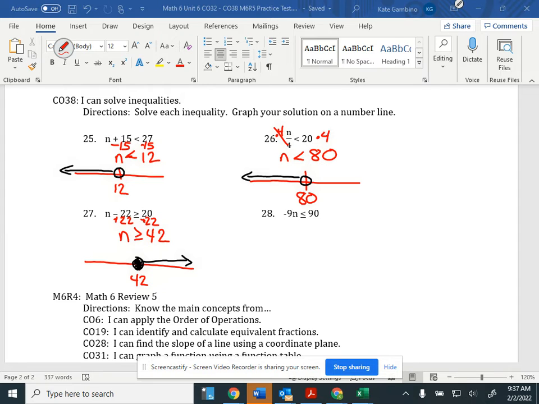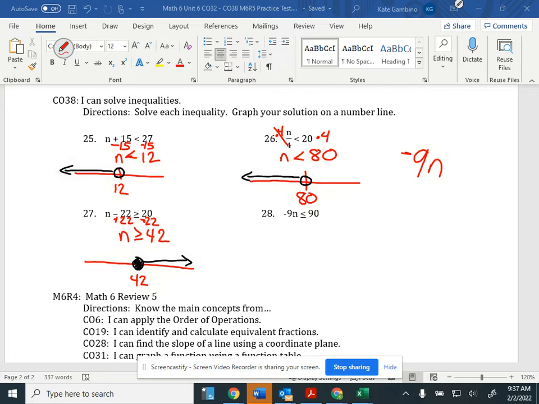With negative 9n, what operation are we doing? When that number is right next to a letter, remember we multiply. You're getting confused by that negative. So let's just say 9n. If it's 9n, that means 9 times n. So we're multiplying the n by negative 9.